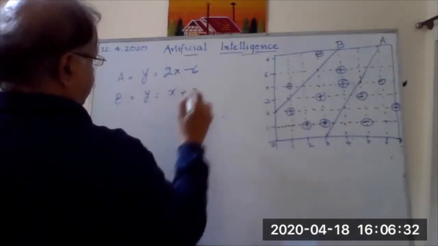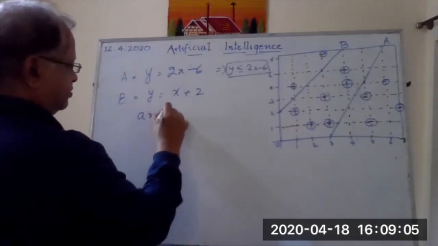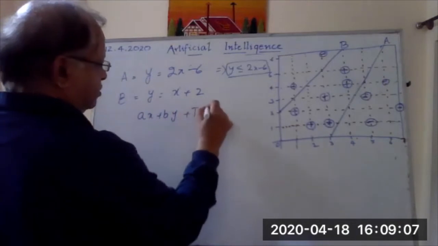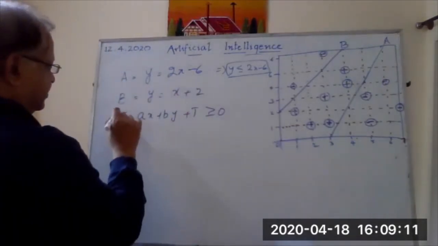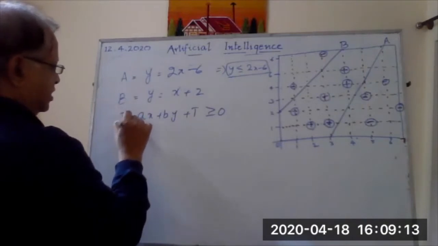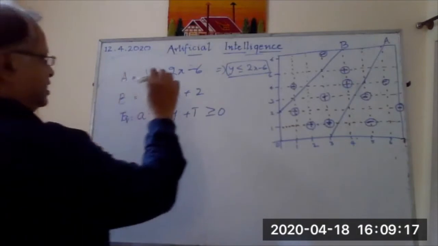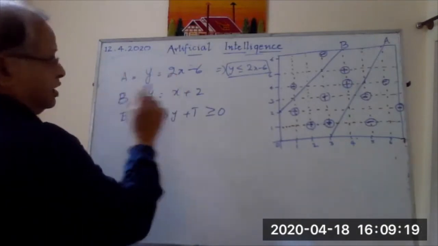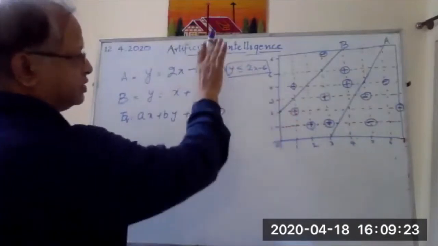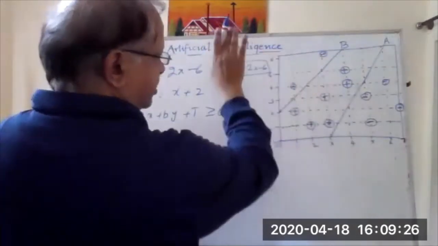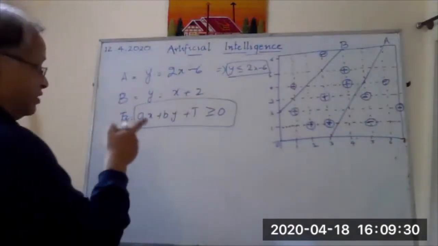The equation should be in the form of ax plus by plus threshold greater than or equal to 0. This has to be satisfied. So a and b have to satisfy this, but finally it has to be represented in this form only.